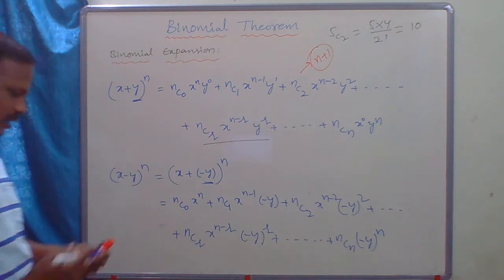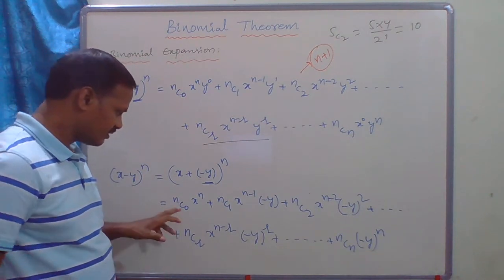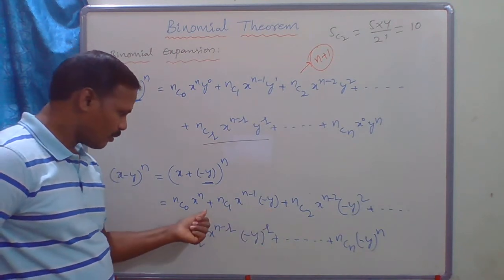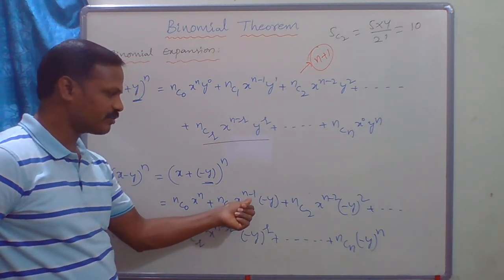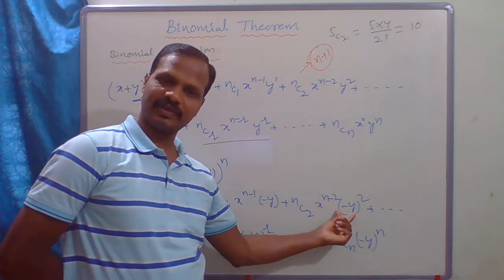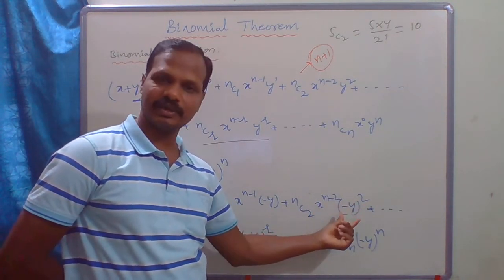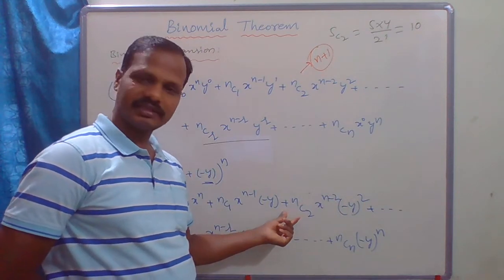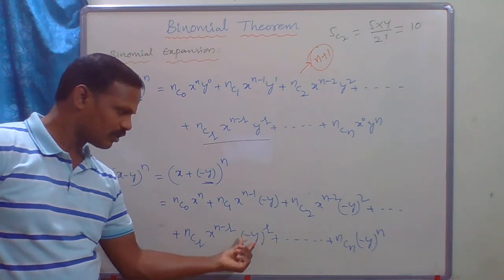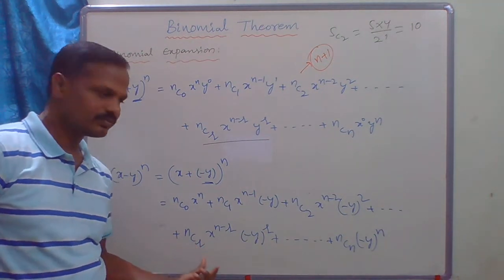Now, this is nc0 x power n. Now this is minus y, so minus nc1 x to the power n minus 1 into y. Minus y whole square is nothing but y square, so again this is positive. Here you can take minus 1 power r as a common.